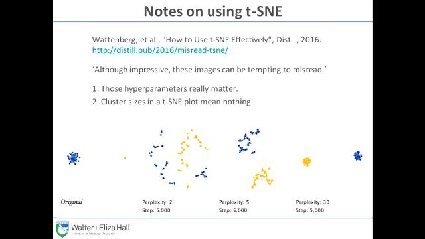And as they note in this particular blog/article, which is very well worth your time, although TSNE plots are often impressive, they can be very tempting and easy to misread. The main thing to point out there is that there are a few hyperparameters involved in producing a TSNE plot, and the values of those hyperparameters matter a lot.